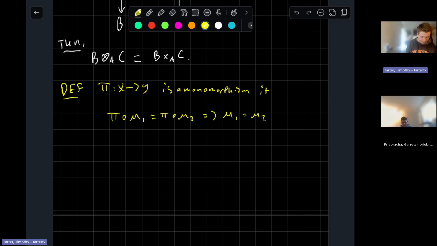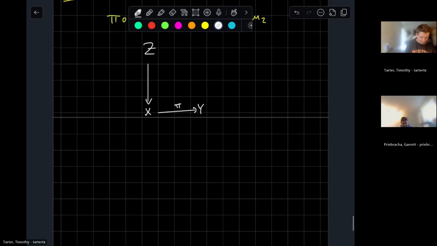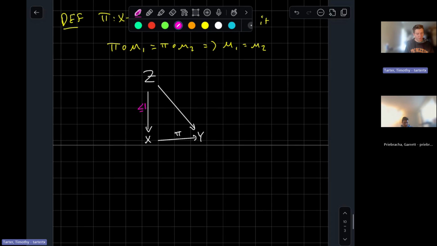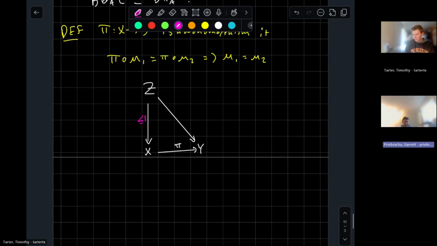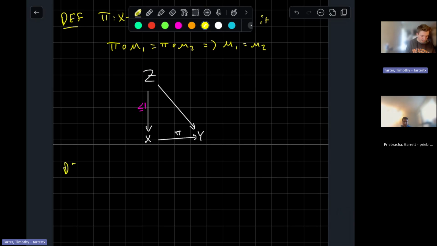The diagram for this is if you have Z into X, which goes into Y by pi, then there is less than or equal to one way to get from Z into X. Okay, but then an epimorphism is the dual.